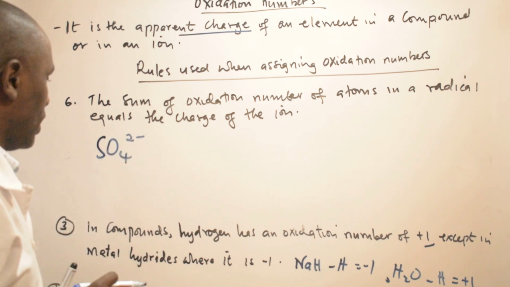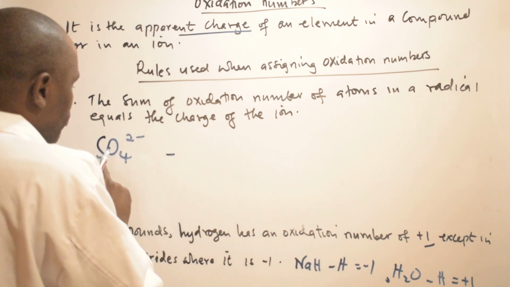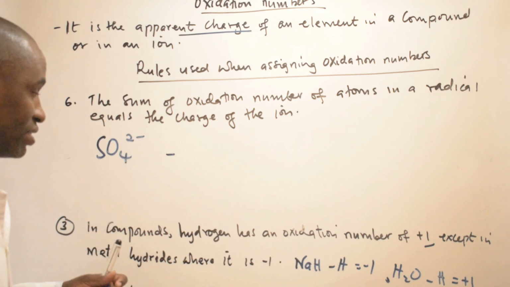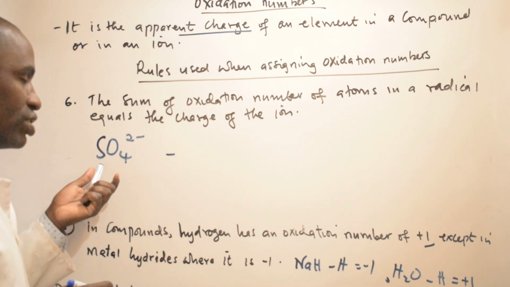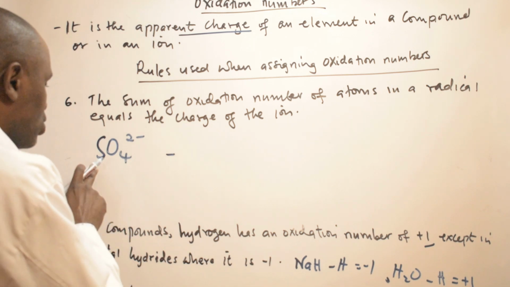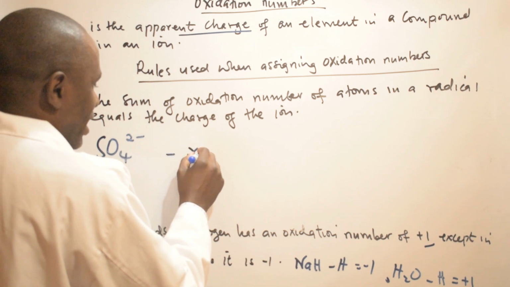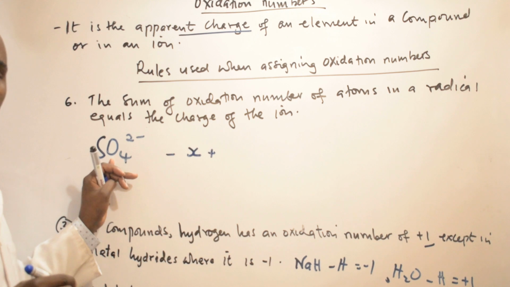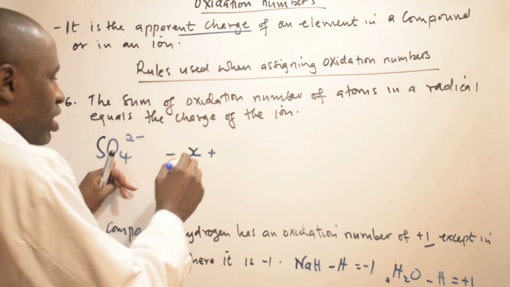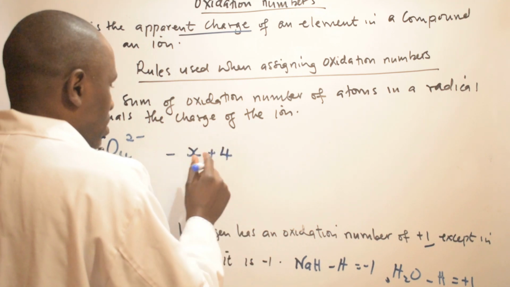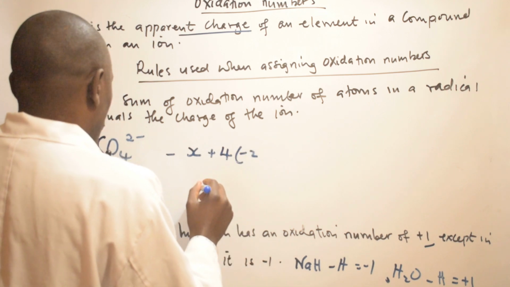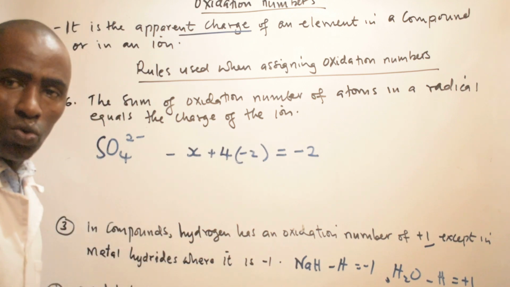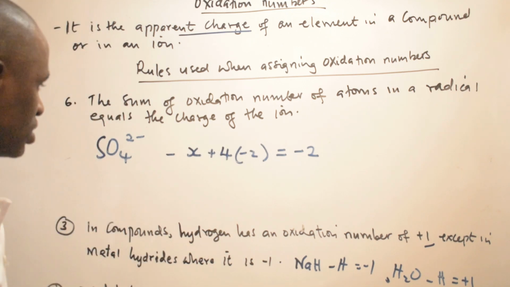With this rule, if I'm working out the oxidation number of sulfur, which varies, assuming it is X, and we know that the oxidation number of oxygen is -2, because there are 4 oxygen atoms I multiply 4 by -2, and the sum should give me -2.